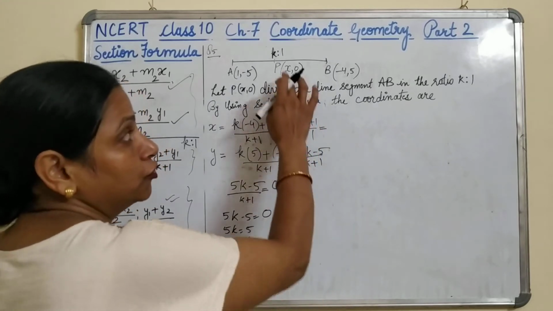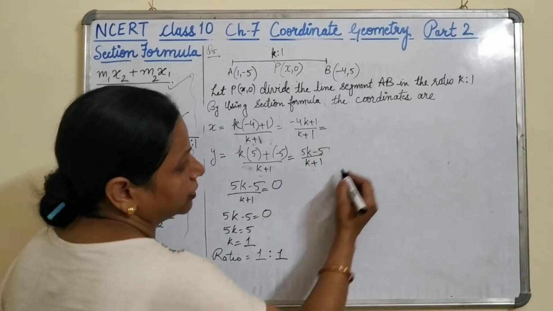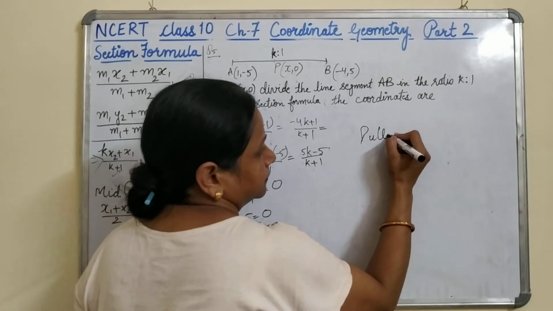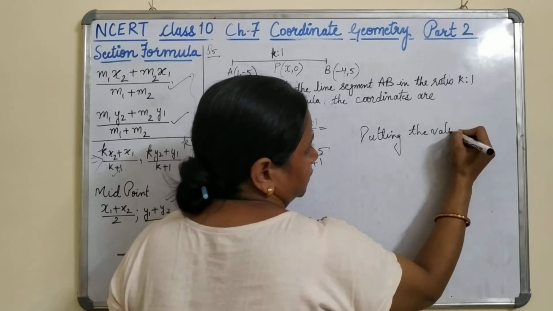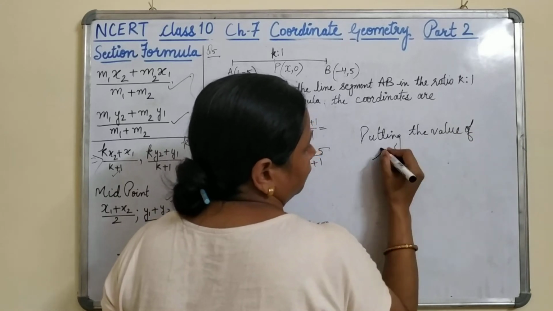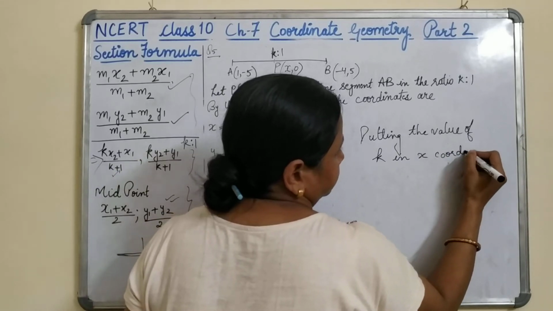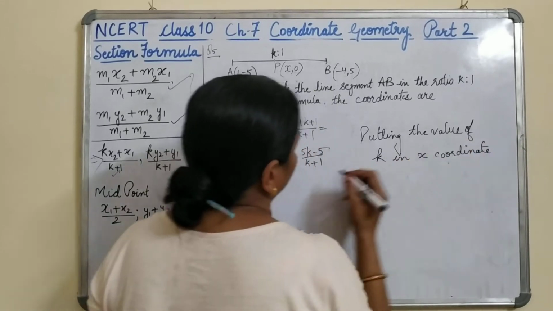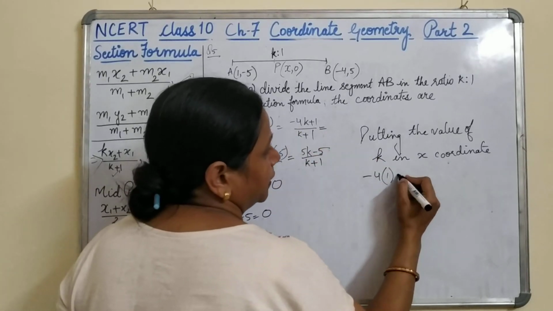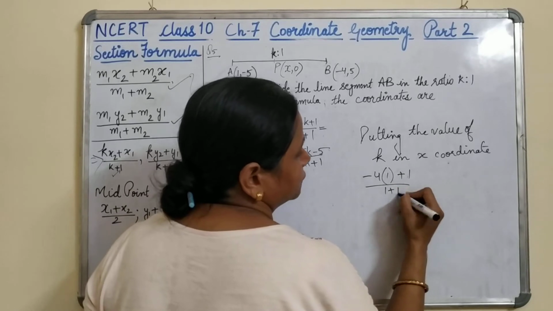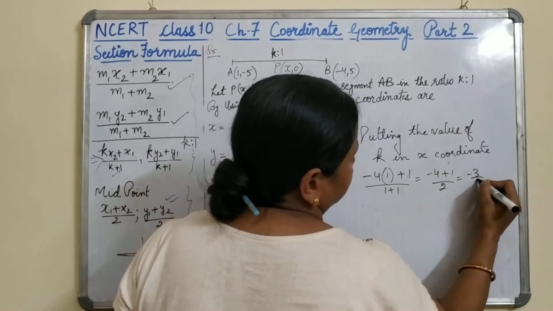Now, to get the value of x, in place of k, put the value of k in the x coordinate. See, minus 4, in place of k I write 1, plus 1, upon 1 plus 1. Minus 4 plus 1 upon 2, that means minus 3 upon 2.